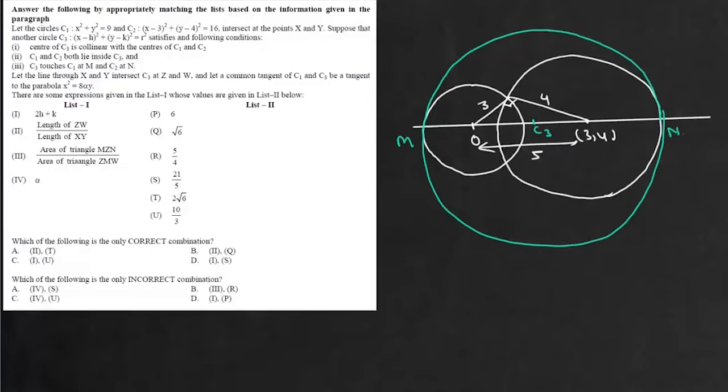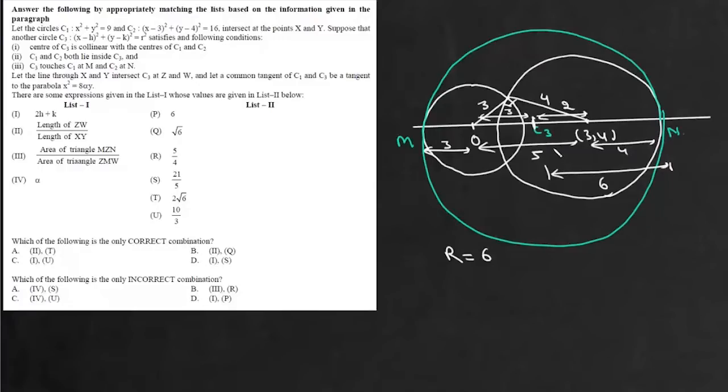Now we know that this distance is 5, this is 3 and this is 4. So radius of this bigger circle will be 6 units. Now this is 2 and this is 3.